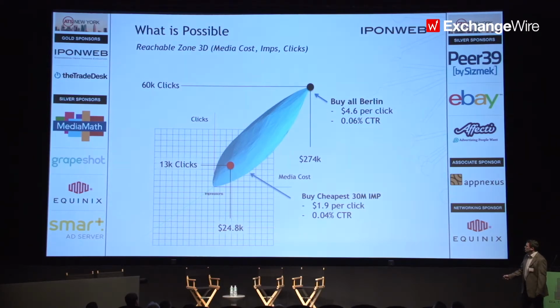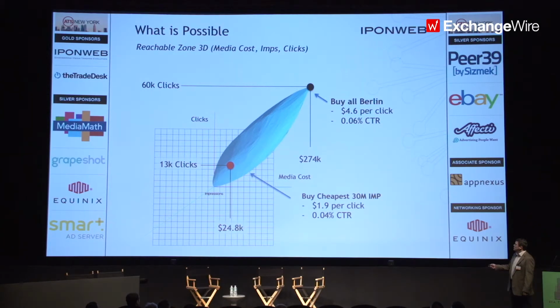And I also realize now that my cheapest 30 million impressions actually generate about 13,000 clicks. And for that money, I could have bought way more clicks. I could have been here, click-wise. But then it would mean that I would get fewer impressions. So essentially, this shape, which, by the way, can be properly measured without spending $274,000. You run a very small sample campaign, you get all this, and then you understand what's possible.